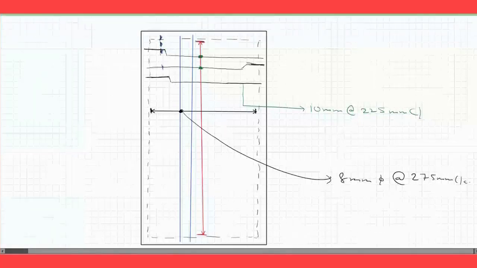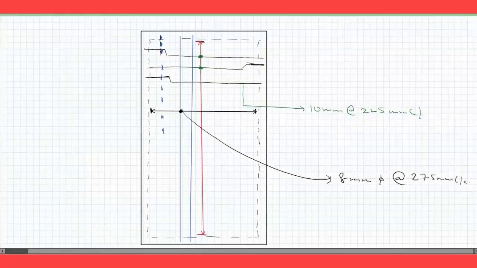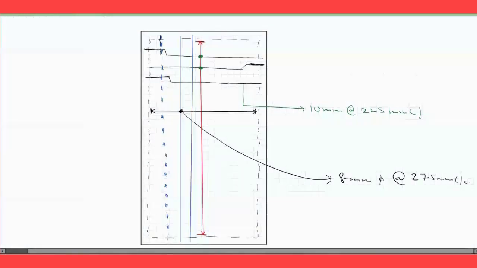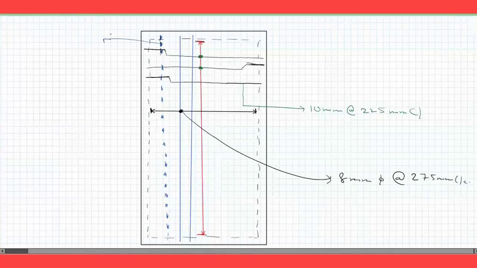So here also you will be having this reinforcement bar provided on the top fiber. This dotted line which I have made means this is also a reinforcing bar provided at the top portion where you have cranked, and this is also 8 mm dia at 275 millimeter center to center.